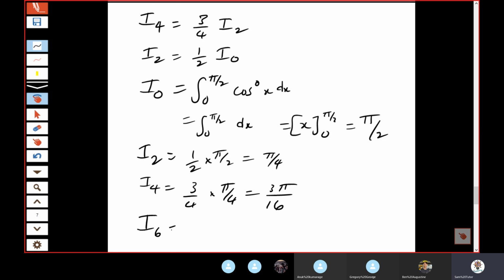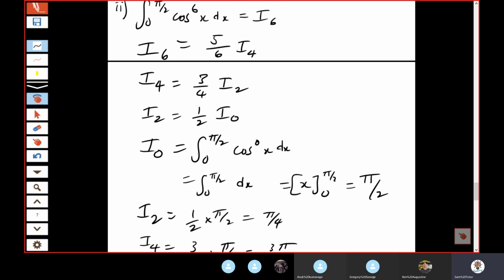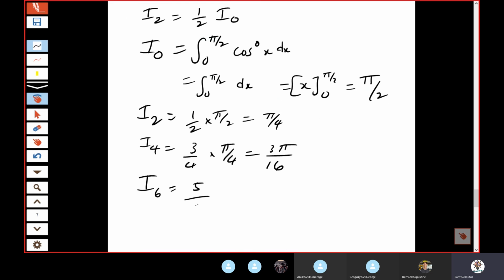And then last bit, I6. I6 is 5/6 of 3 pi on 16, which equals to what? 15 over 6 times 16. 5 on 32. 5 pi on 32. Finish.